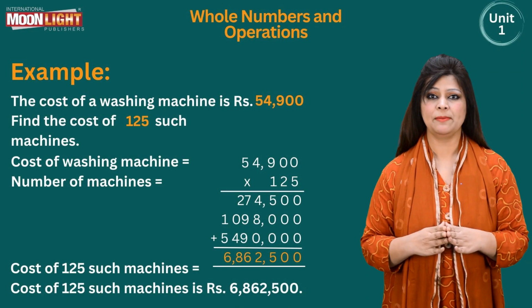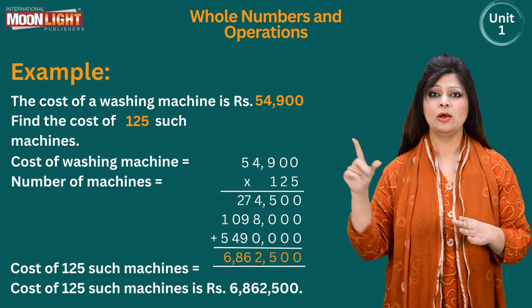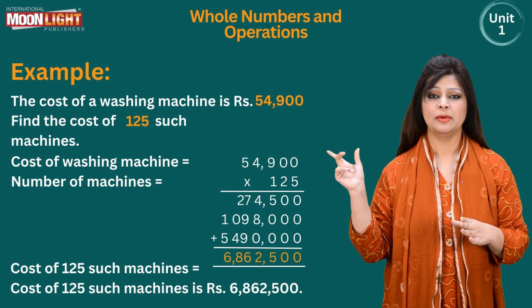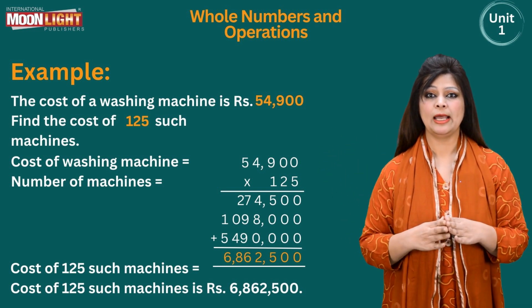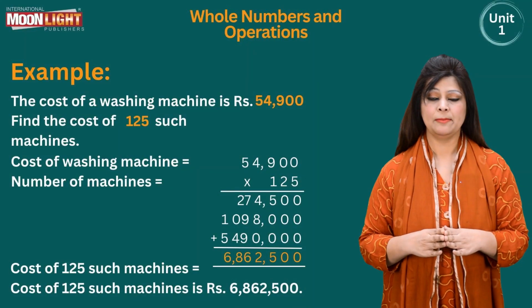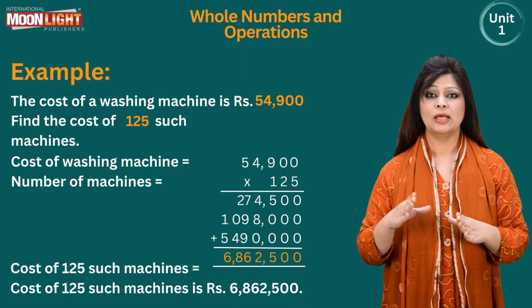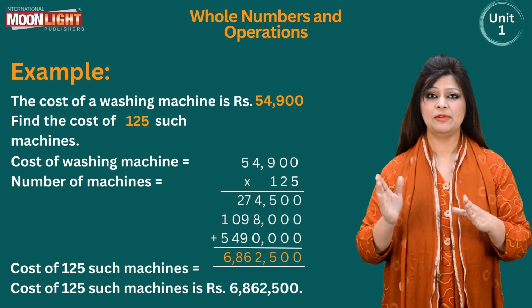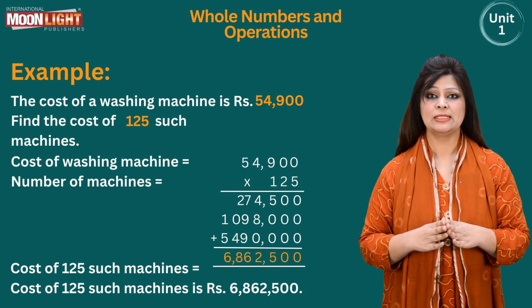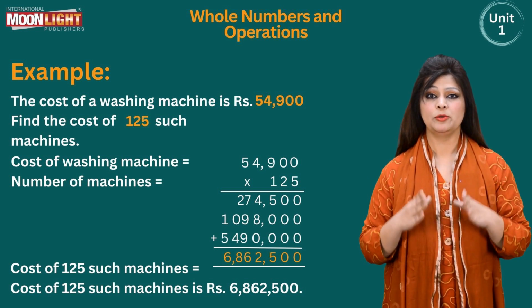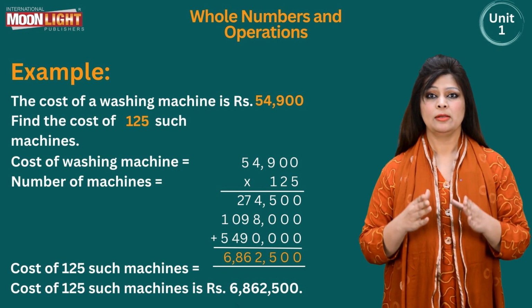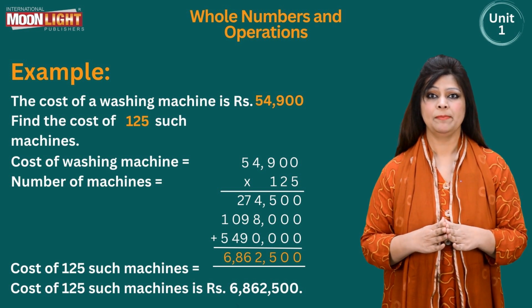Now the fourth step is I am going to add all these three numbers. So I am going to draw a line here. I am going to add the numbers starting from ones to ones, tens to tens, 100 to 100 and so on in the same way accordingly.